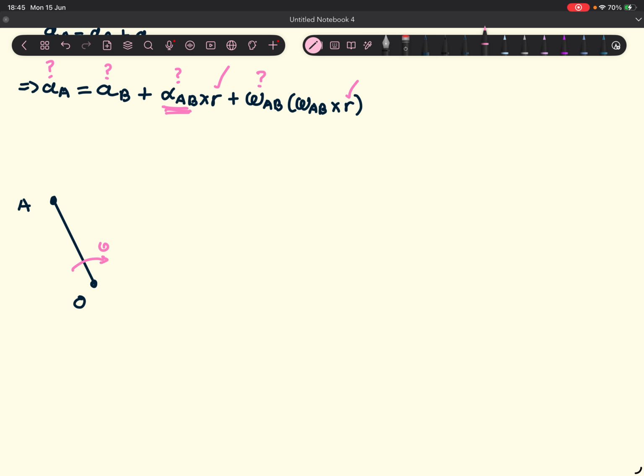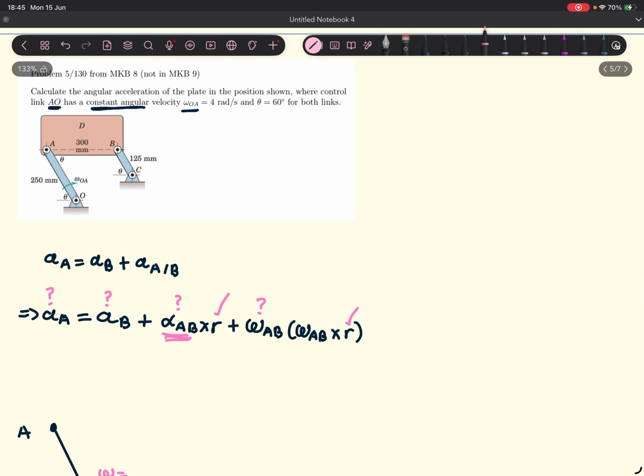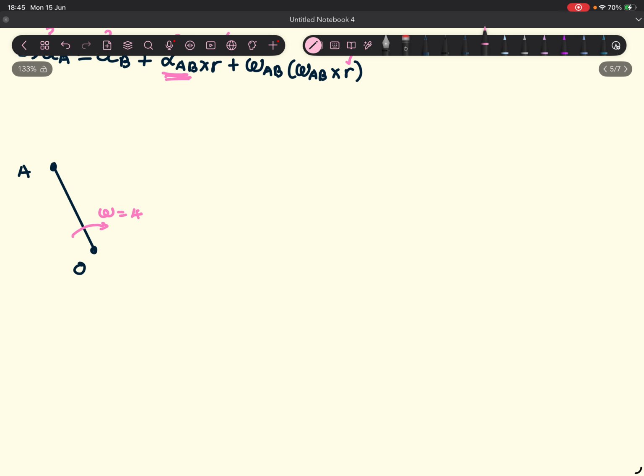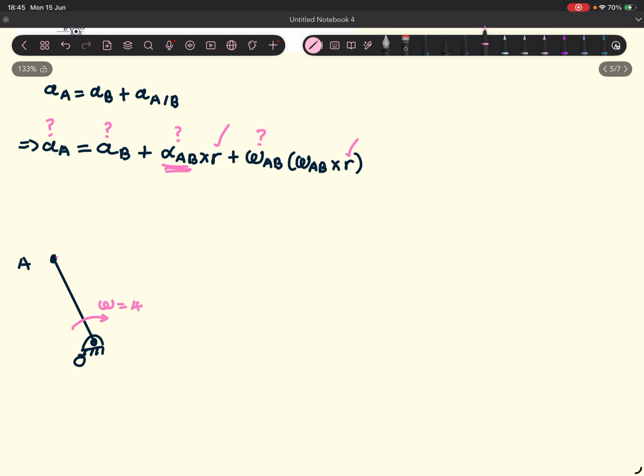So we have omega, which is equal to 4 radians per second, right? And then, cool, we know that this is fixed axis rotation, so VA is going to point in that direction.